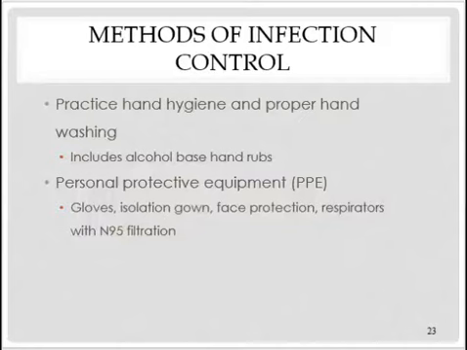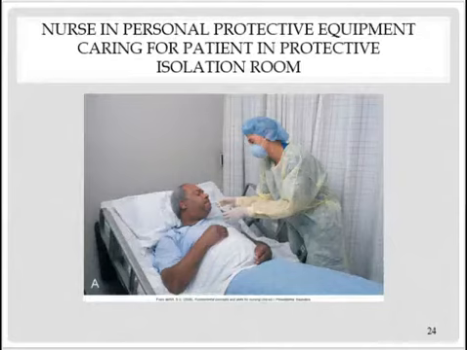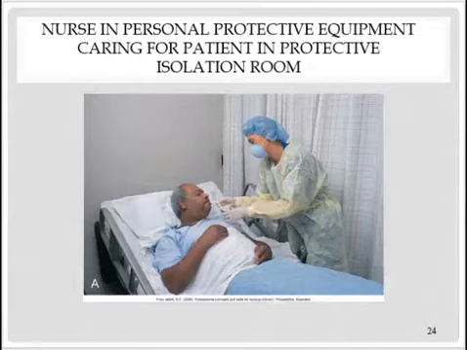Also, the use of personal protective equipment, such as your gowns, your gloves, your face mask, and your respirators, your N95 if you're taking care of a person who is suspected of having tuberculosis. And here's an excellent picture of healthcare personnel appropriately donned in their personal protective equipment.